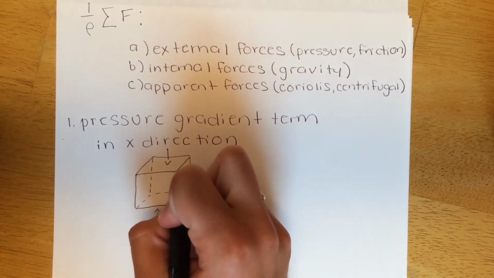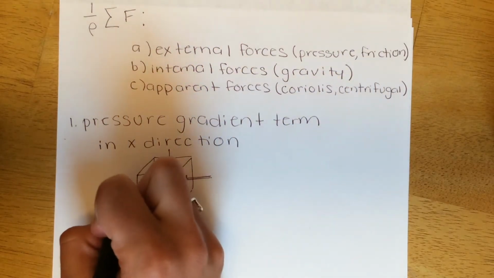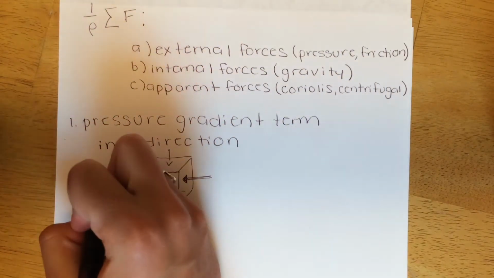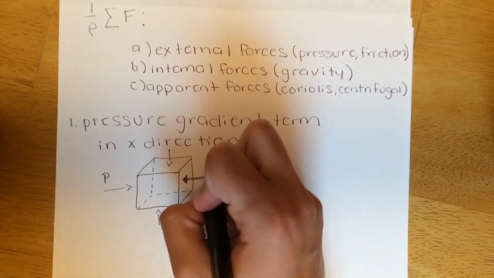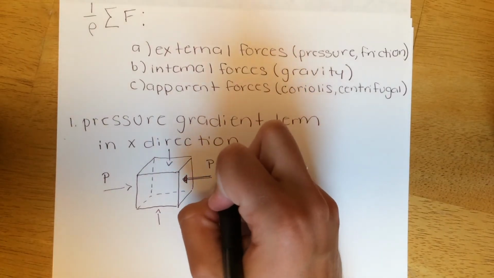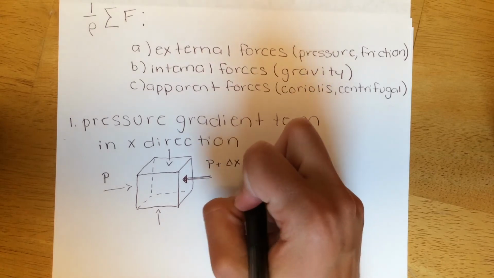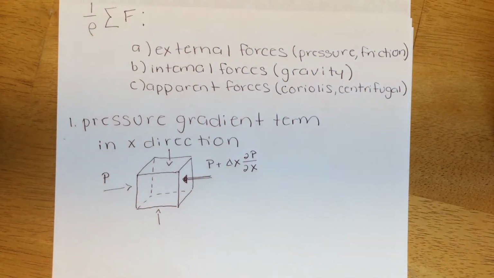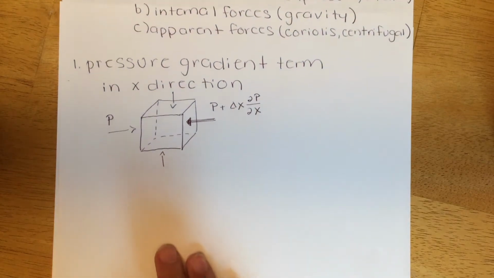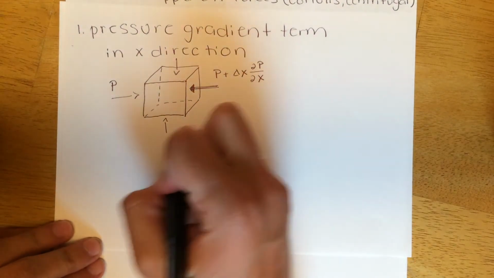In the x direction, we have a pressure gradient, meaning that the pressure acting in the negative x direction is larger than the pressure acting in the positive x direction. So in the negative x direction, we have the pressure plus a small change in pressure over the length of x, represented as such.